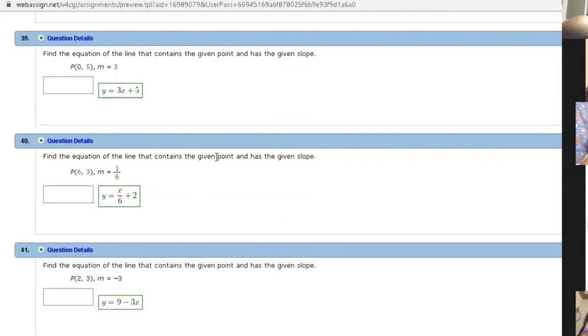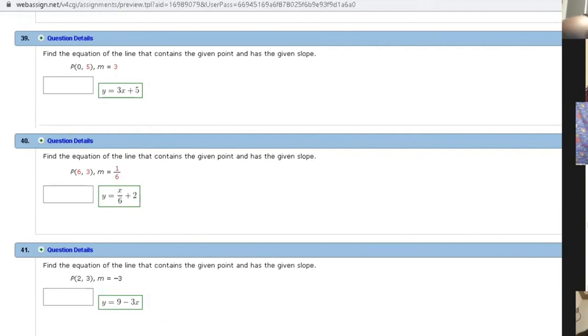So they're going to give us the point and the slope, and we have to write the equation. But that should be super easy because we can just plug it into slope-intercept form. So for 39, 40, and 41, that's what we have to do.